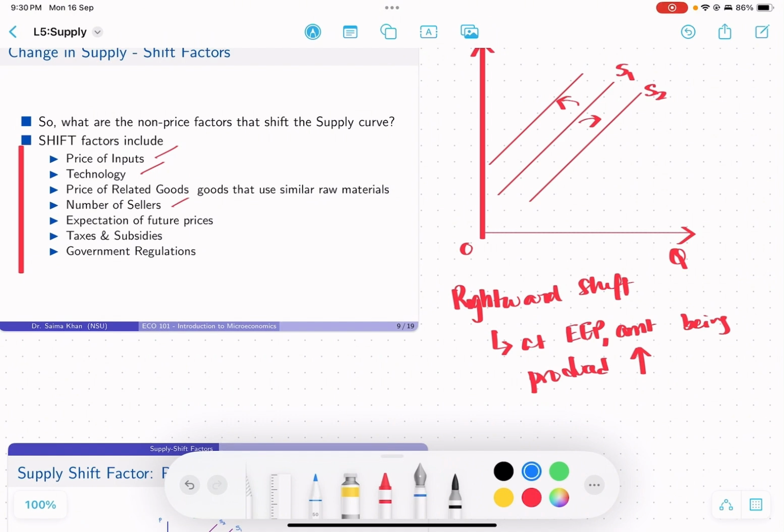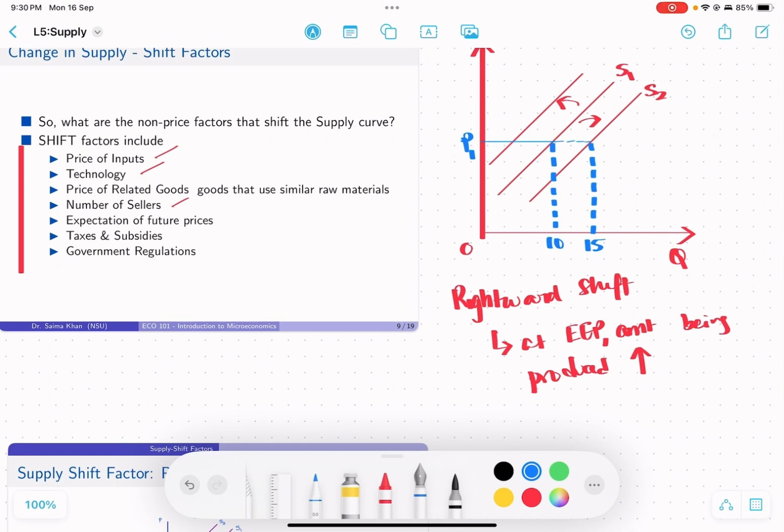What we are saying with this rightward shift is that before, at P1, let's say the firm or the market was selling 10 units. But when there's a rightward shift, at the same price the firm is now able to produce more. Let's say it is now selling 15 units. That is what a rightward shift means. The firm is now producing more at the given price.